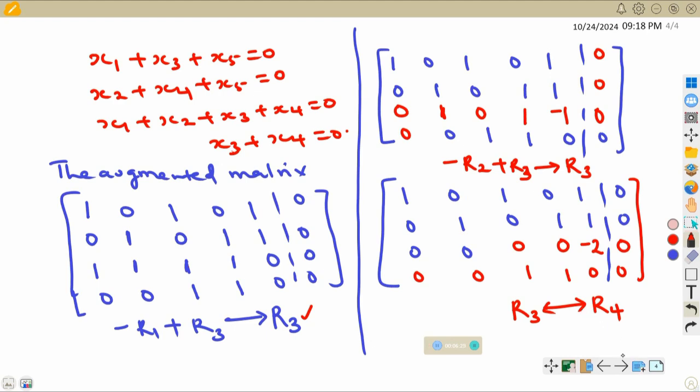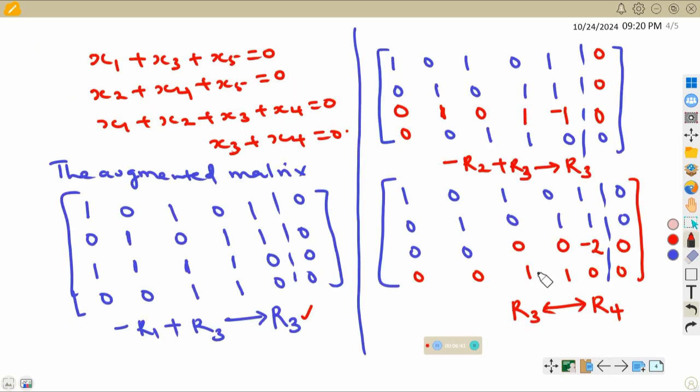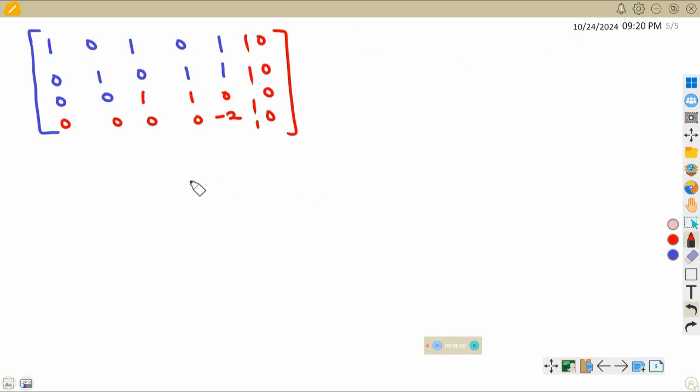So when we do that interchange, we shall be able to bring this one here and this one will go there. So we shall now obtain this matrix.